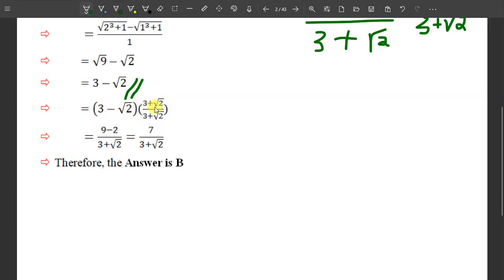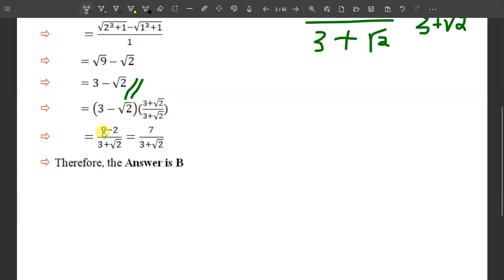And therefore, multiply 3 plus radical 2 by 3 minus radical 2. That's the difference of two squares. We just multiply 3 by 3 and then radical 2 by radical 2, but things will be different if this one is plus and this one is also plus. Only 3 multiplied by 3 and radical 2 multiplied by radical 2 if one of the numbers is minus and the other is plus.